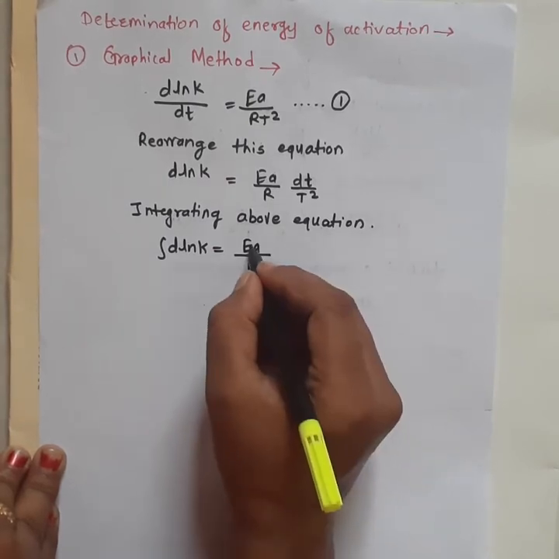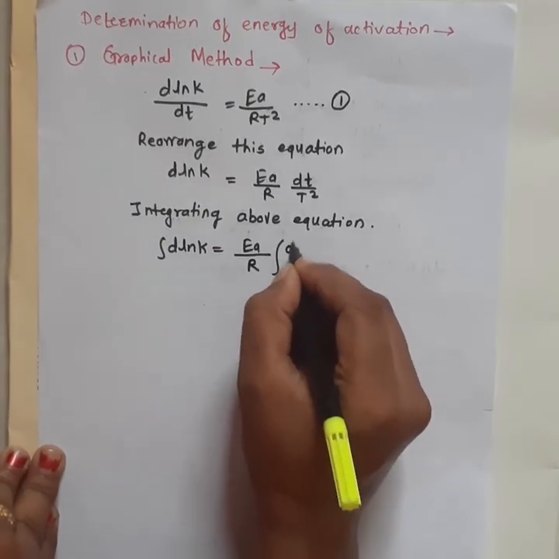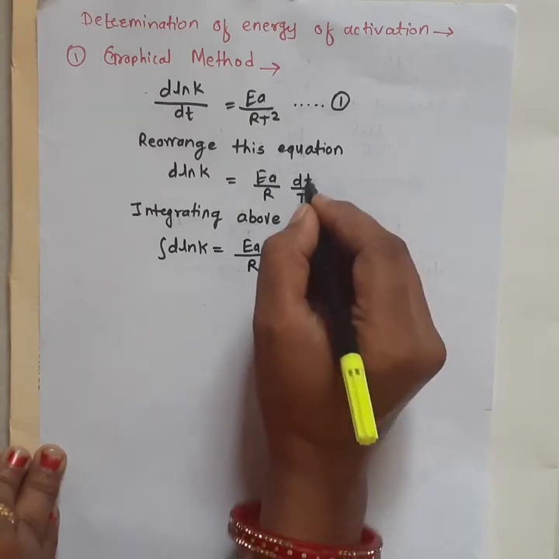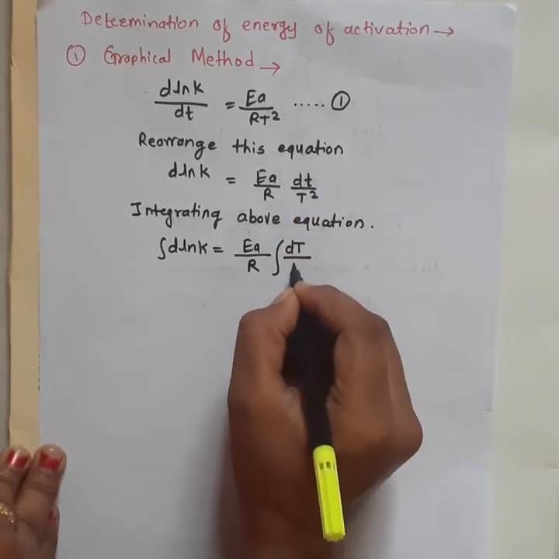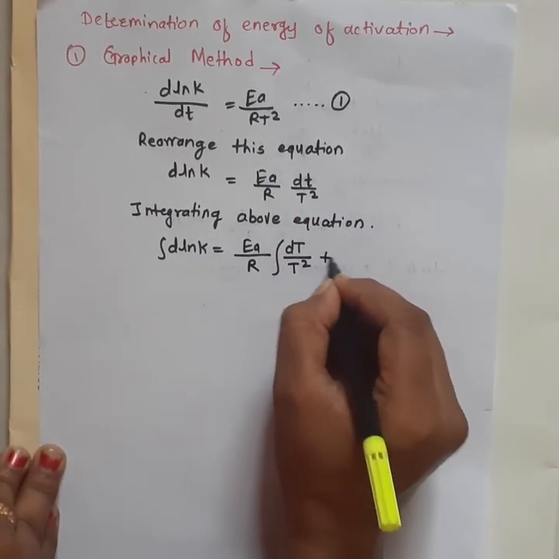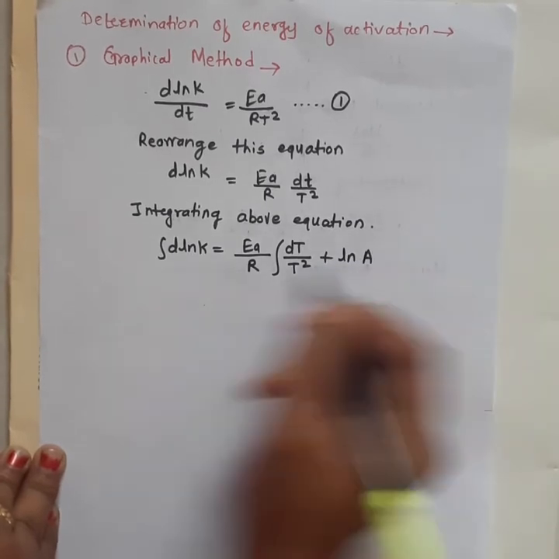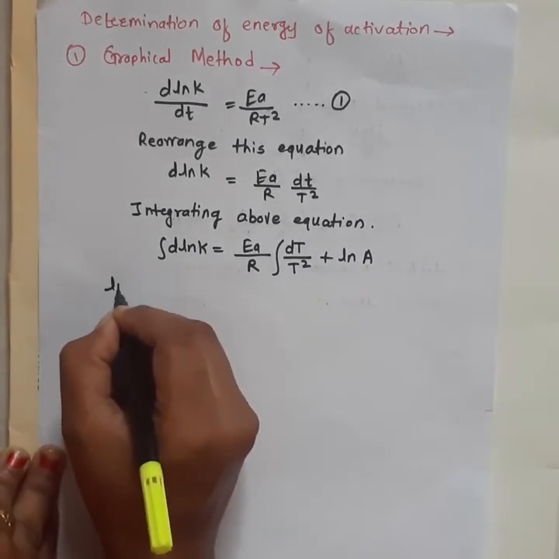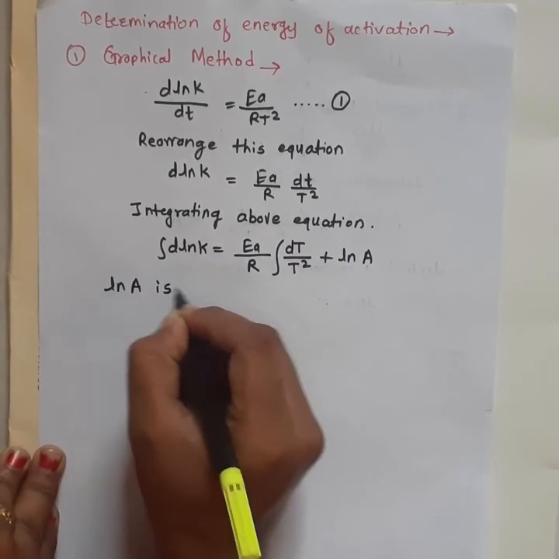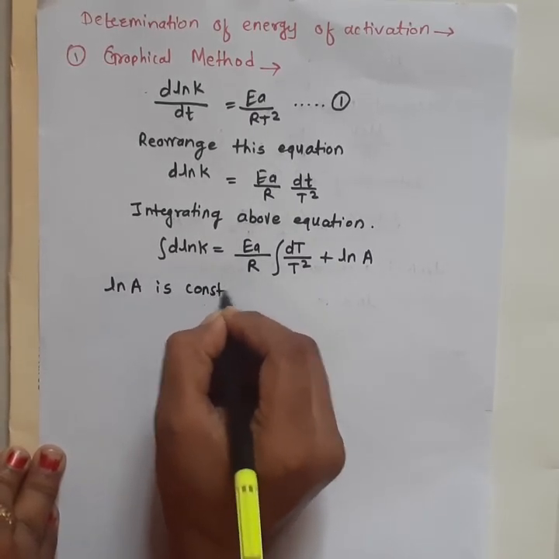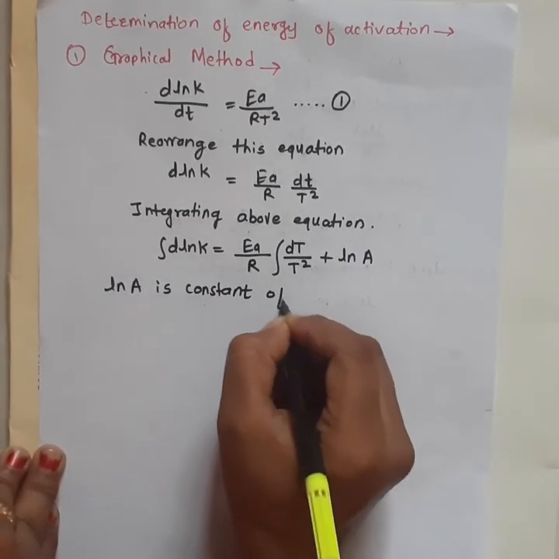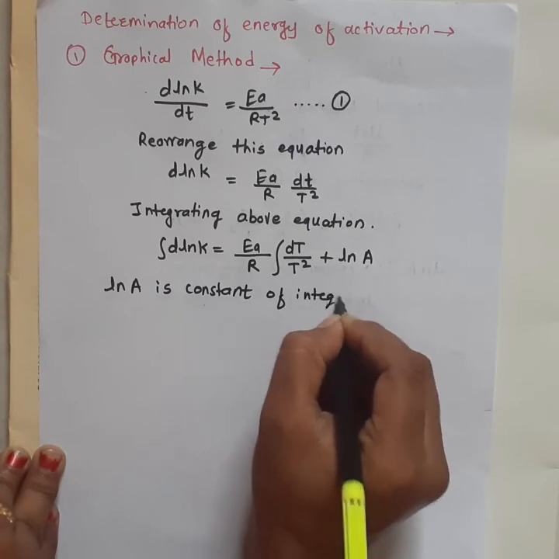So Ea upon R into the integration of dT upon T square, plus ln A. What is this ln A? ln A is a constant of integration.